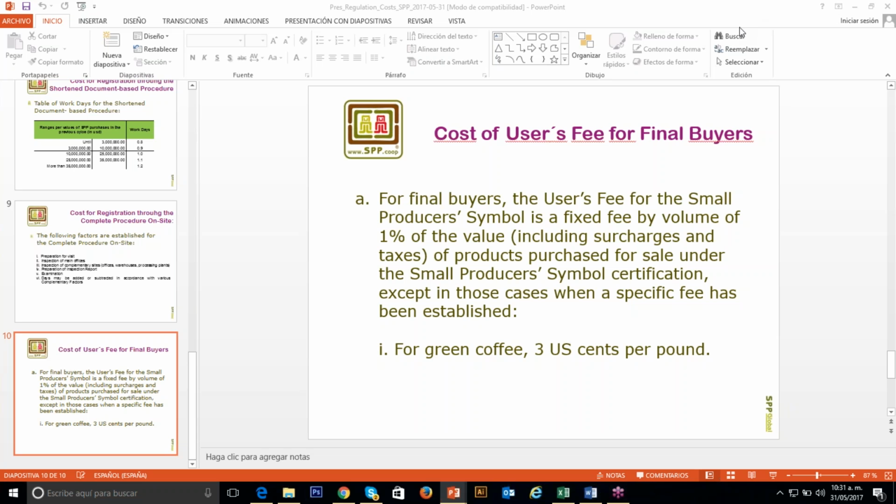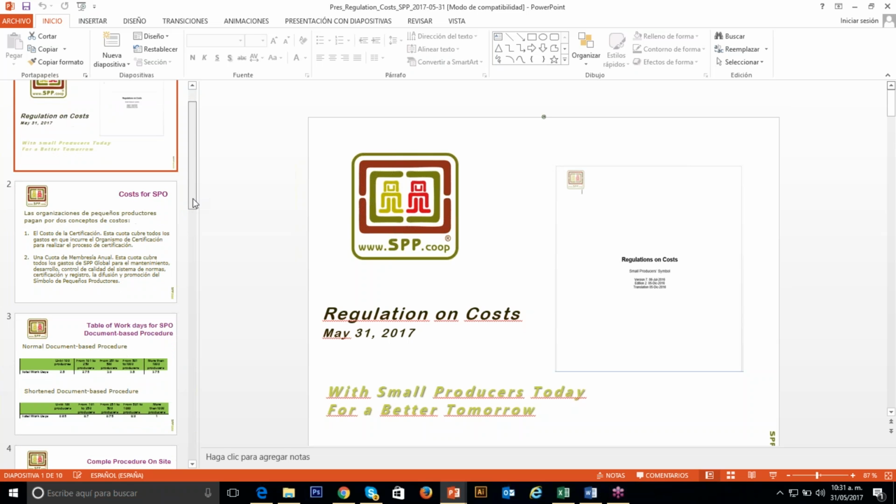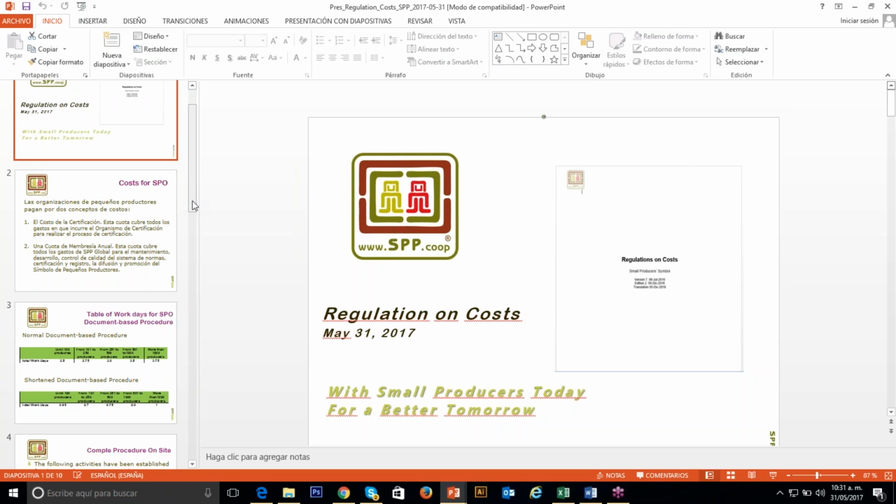Then when a company uses a brand of the final buyer, but not the brand or name of the small producer organization, they can mention that the raw material is from, for example, SOPACDI, or from, I don't know, another organization, Fondo Paez in Colombia, from UCIRI in Mexico.